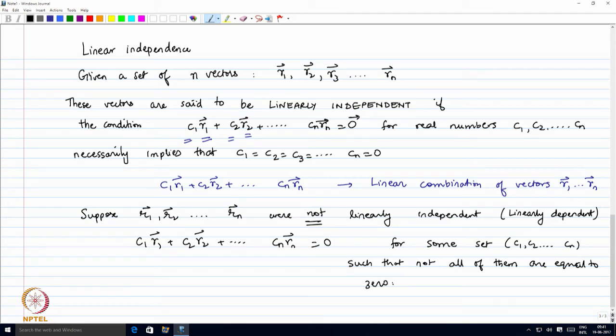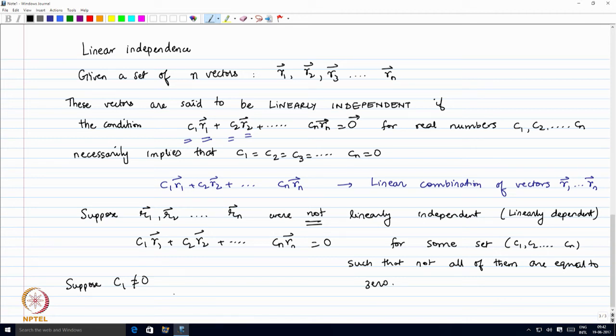So, for example, just suppose C1 was not equal to 0.